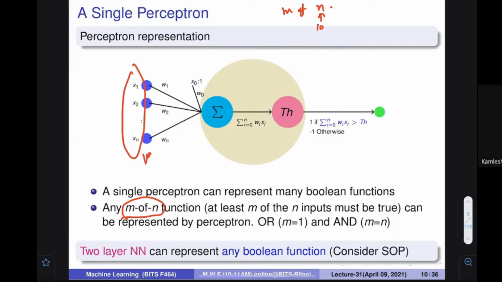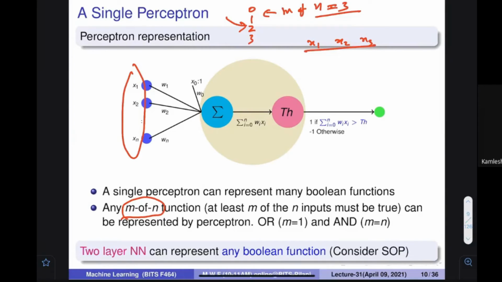Let me take a smaller number: let n be equal to 3. Then m could be 0, 1, 2, or 3. Let me focus on 2. So x has three values: x1, x2, x3.